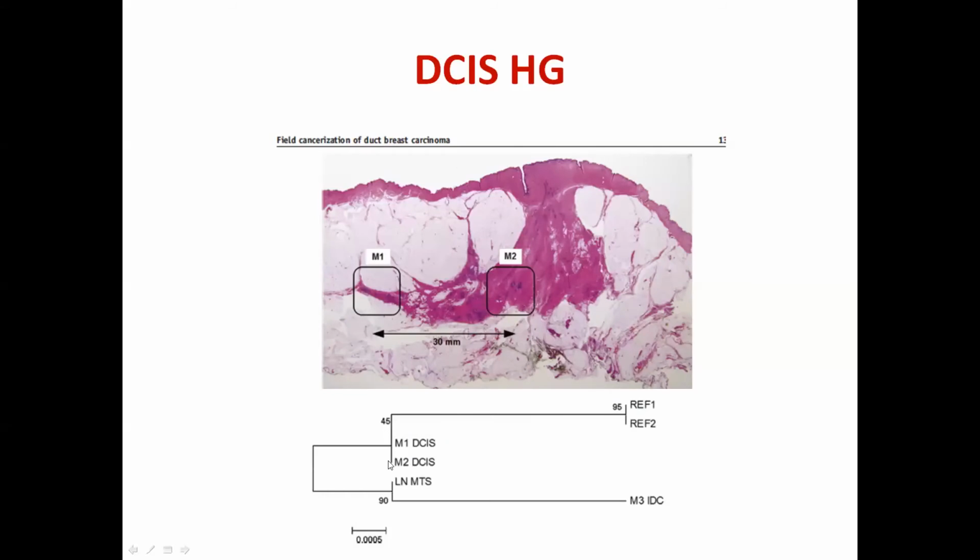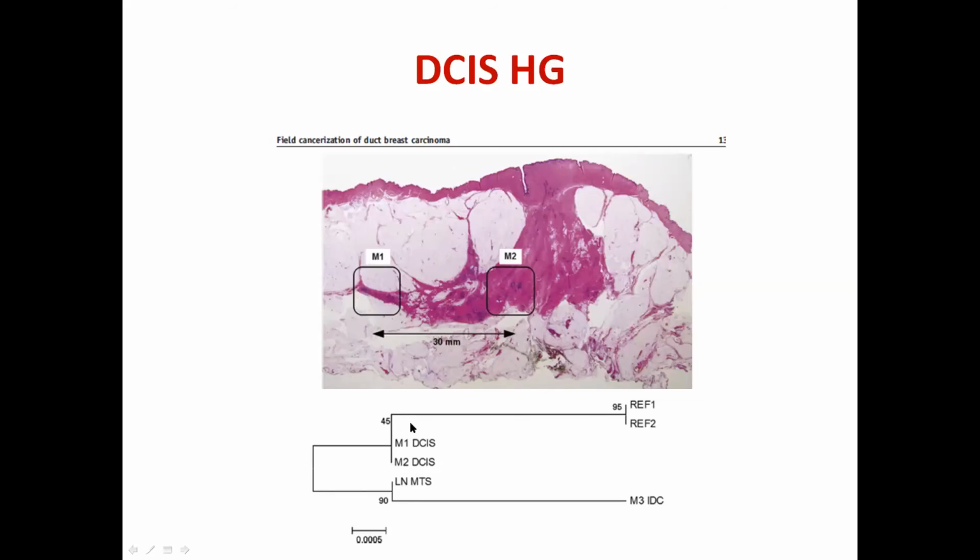If we go back again to our study done with the clonal analysis, we can see, for example, in this case in which we have this in situ carcinoma going from here to here, we made macro dissection in these two small areas.